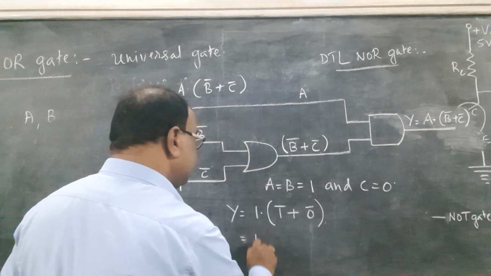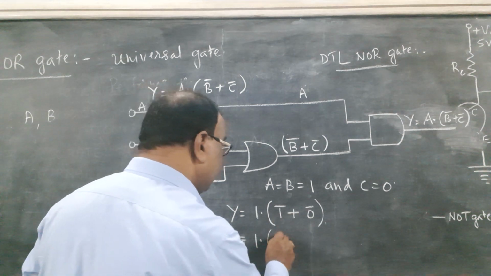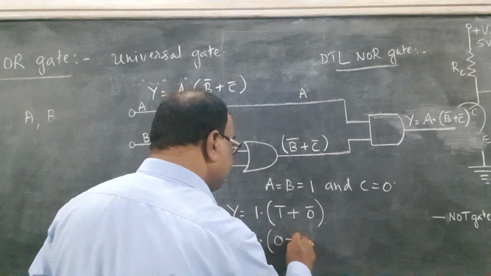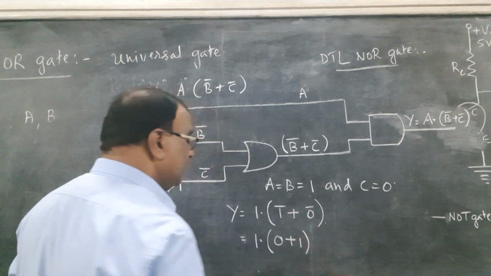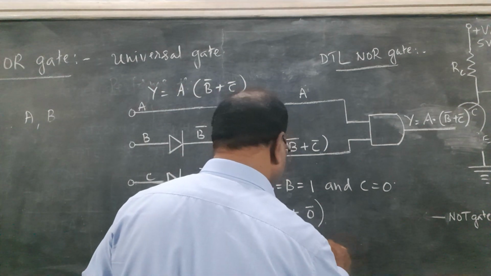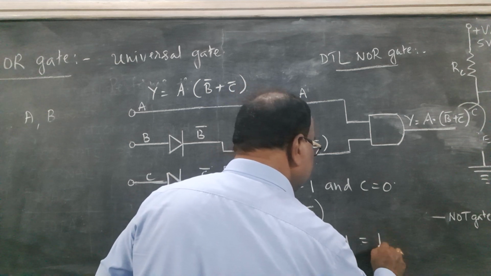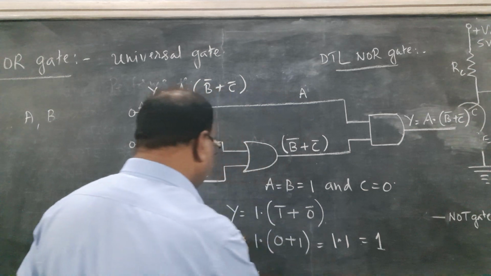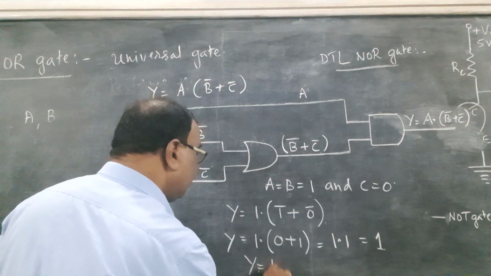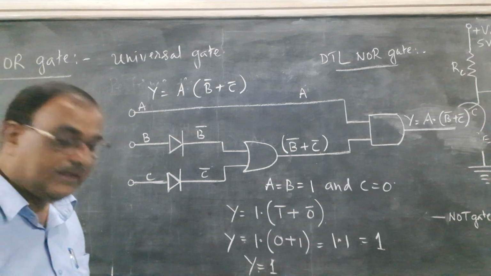So 1 bar is 0 and 0 bar is 1, right? So this is 0 plus 1, which is 1, therefore this is equal to 1 dot 1, which is 1. Therefore output Y is equal to 1, right? So this is how you have to answer this, right?